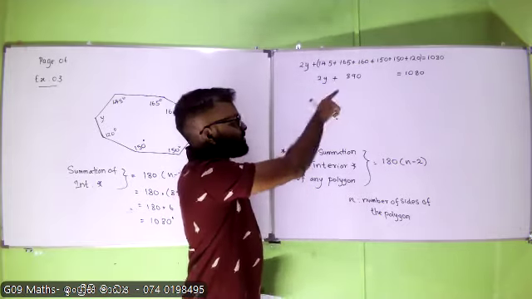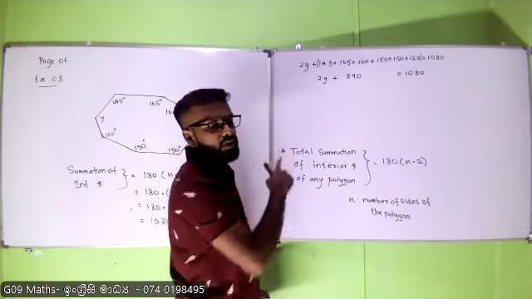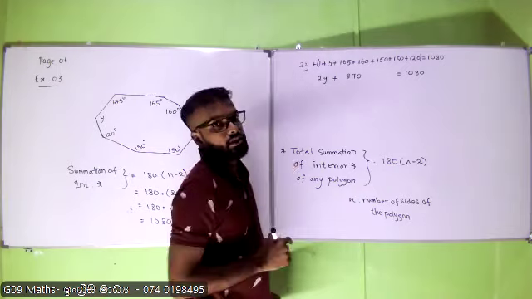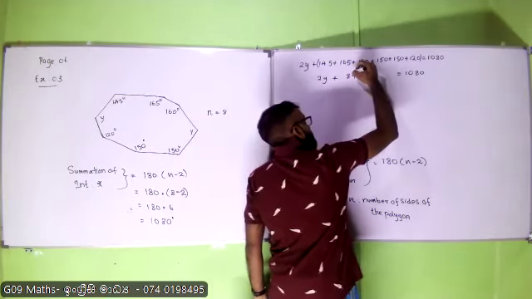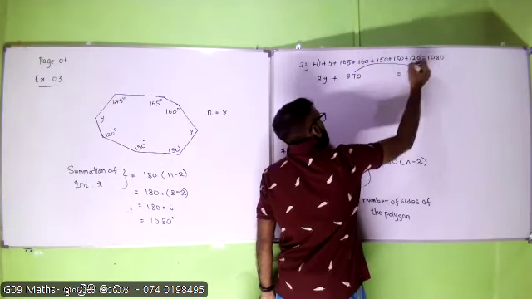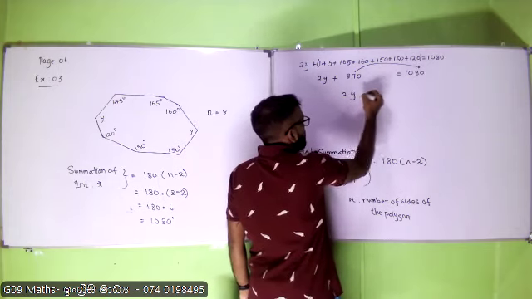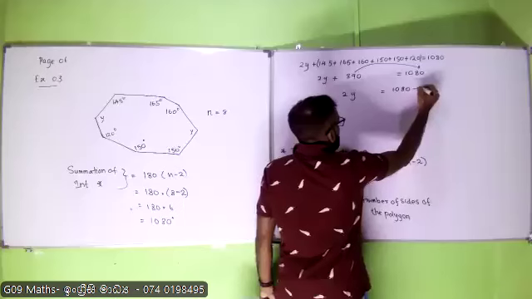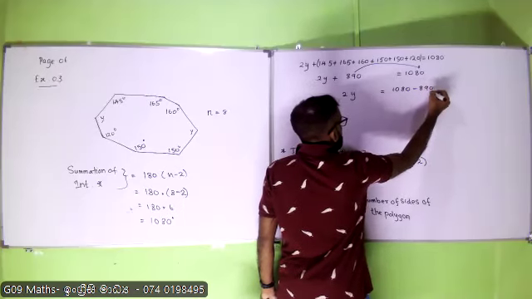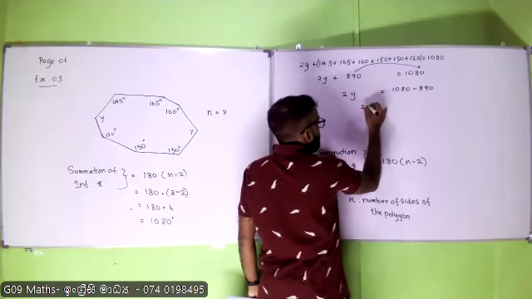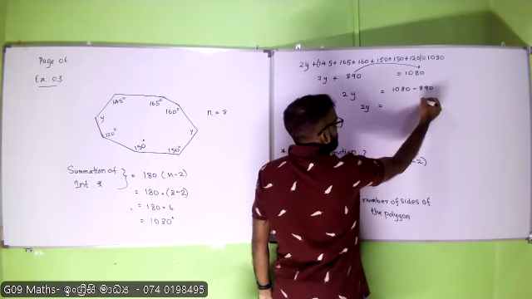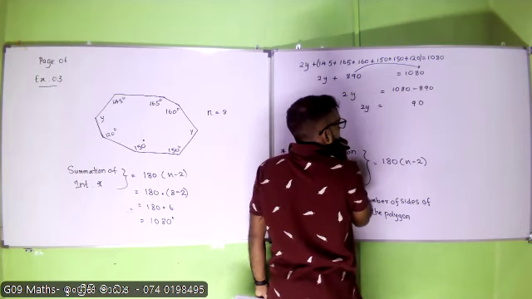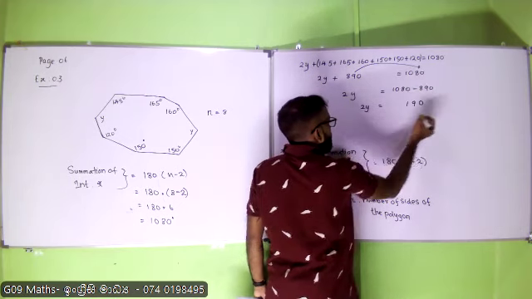This is an equation and you need to make y the subject, so solve for y. Take this to this side: 2y equals 1080 minus 890. So 2y equals 190.